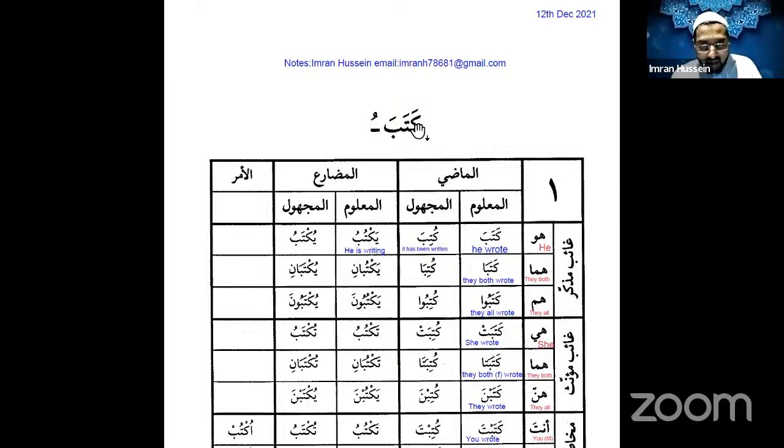So this letter, the kaf, the ta, the ba, the way they recognize it, because the minimum letters in Arabic for a verb is 3 letters, kataba, they call it the first radical, ka, the first radical, ta, the second radical, ba, the third radical.